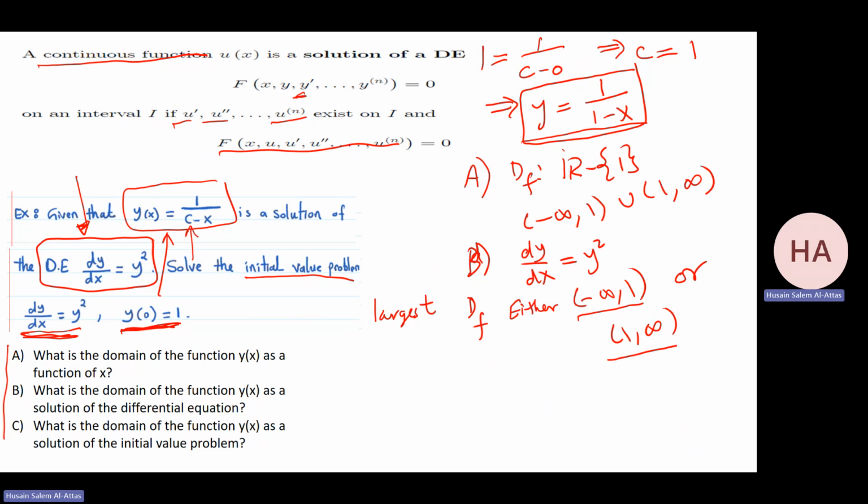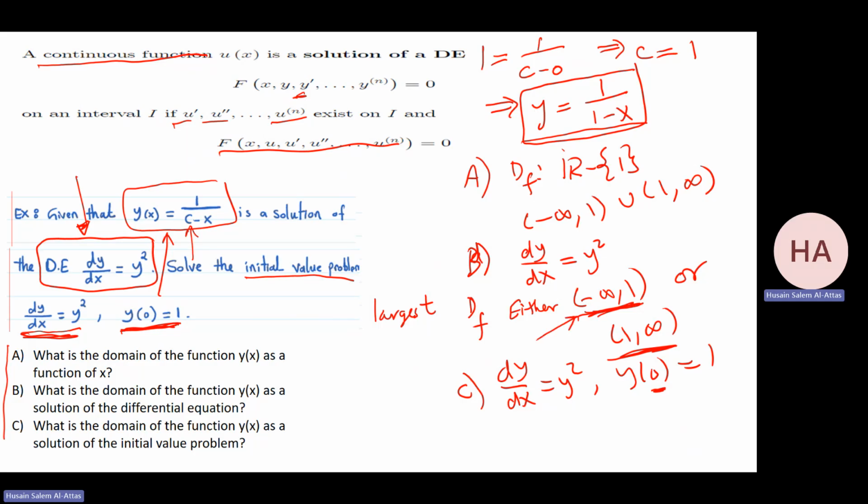Okay. What's the domain of the function as a solution of the initial value problem? Now, I'm not talking about the differential equation only, I'm talking about also the condition. So I'm looking for the point where x equals 0. It will be in which interval? For sure, it will be in this interval.